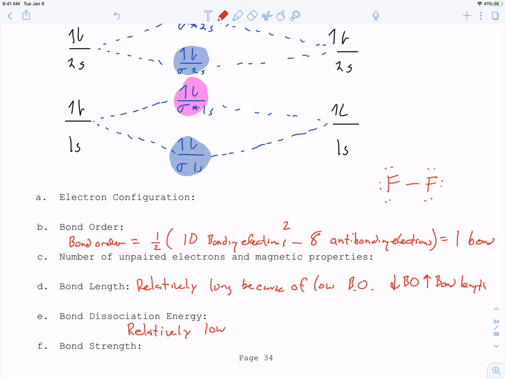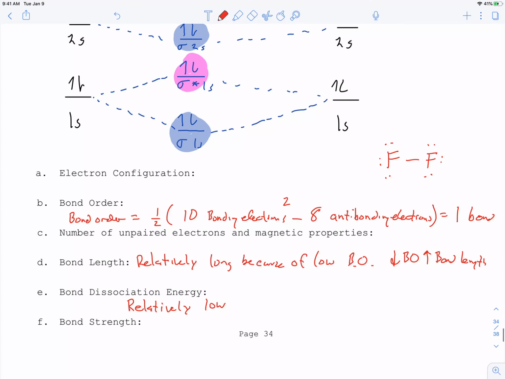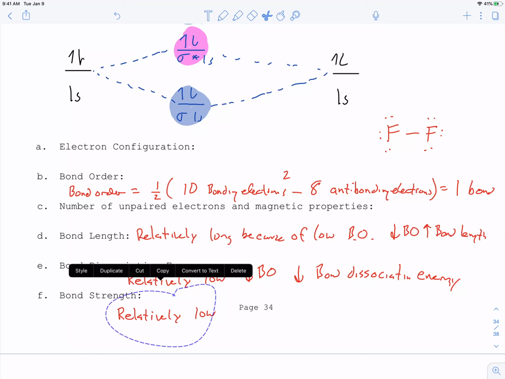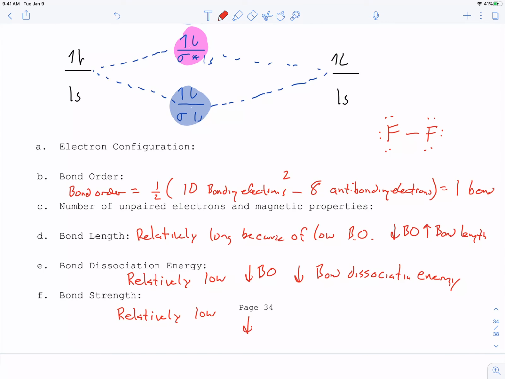It doesn't take as much energy to break this bond, to dissociate, because its bond order is low. So if we have a low bond order, we're going to have a low bond dissociation energy. And so the bond strength is also relatively low. Again, same idea. Low bond order means low bond strength.